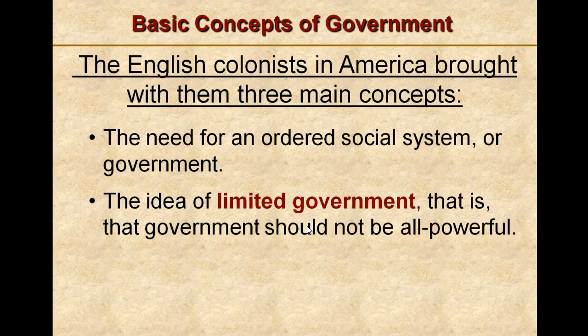The idea of limited government was something that had been springing up under the philosophical teachings of Hobbes and Locke and Rousseau and the social contract theory, which we talked about again last week. This idea of limited governments, that government's not all powerful.